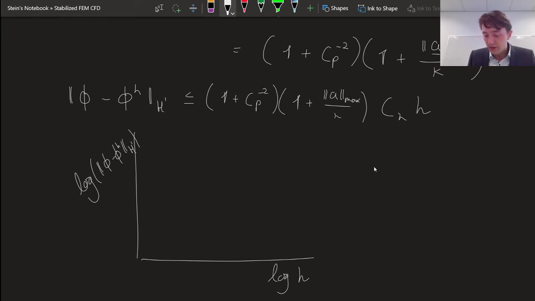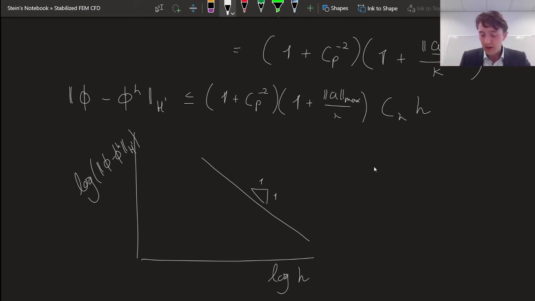That's the convergence. If we start to refine, then we expect to see a straight line here. And the slope of this line is going to be the order of our method, our convergence order. And because we're measuring our error now in the H1 sense, this is going to be an order of 1.